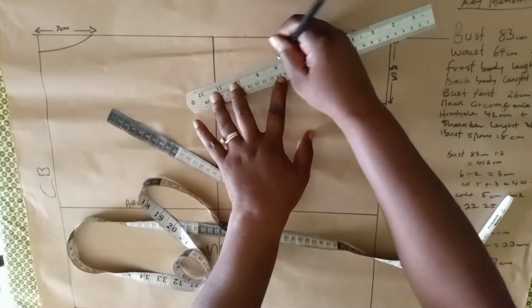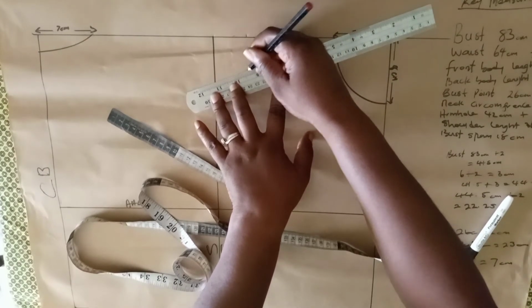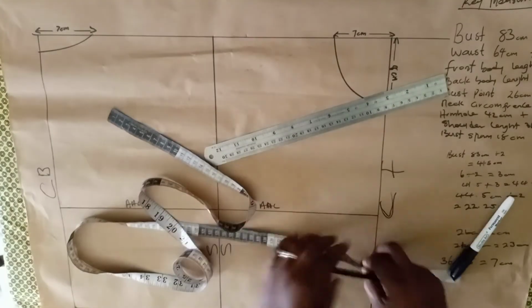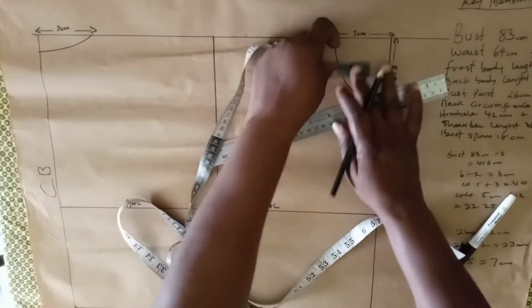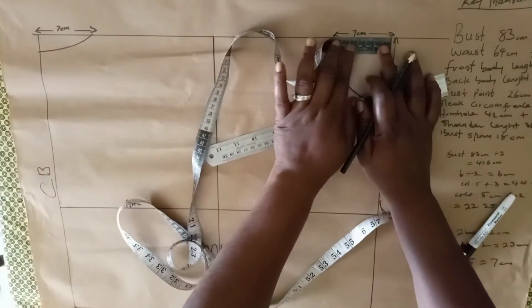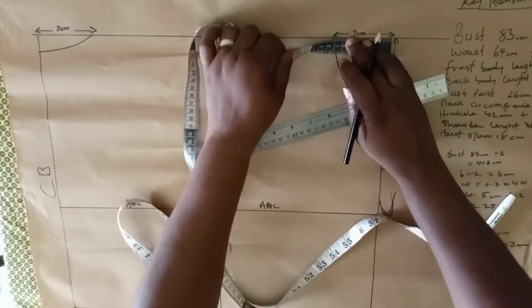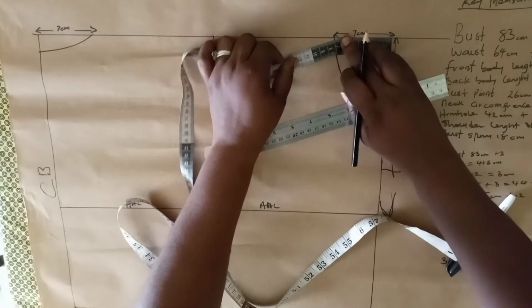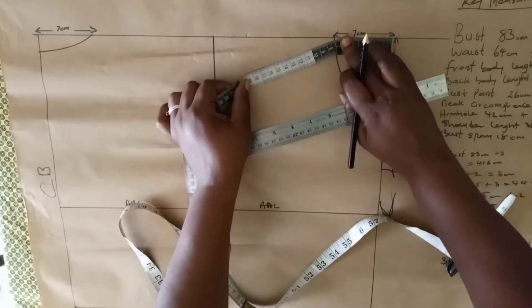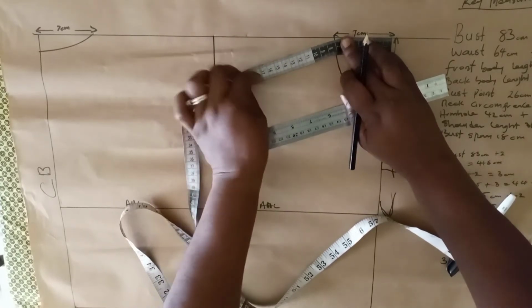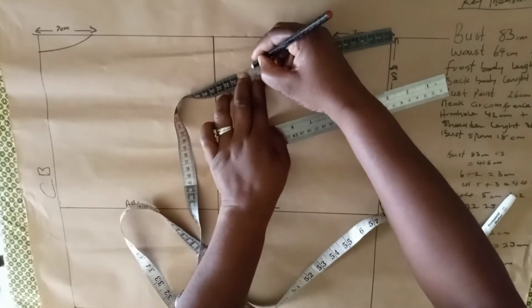Then create a temporal shoulder slope. Use your tape, come again to get the accurate or the real 18 centimeter. This is your new 18 line.